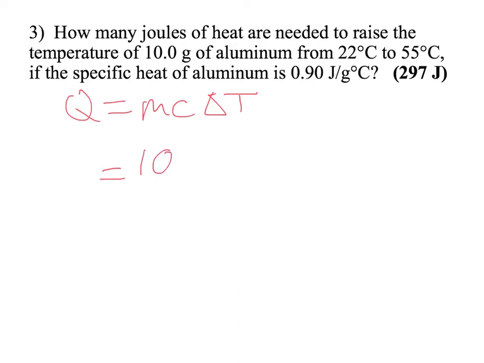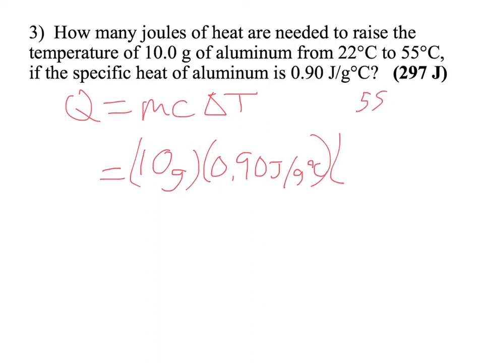We have 10 grams for our mass. C is 0.90, again in joules per gram degree Celsius. And our temperature change, delta T, is 55 minus 22, which is 33 degrees. So we plug in our 33 degrees Celsius.